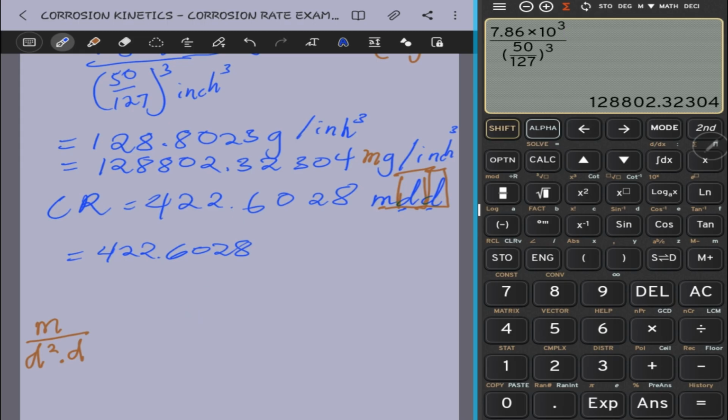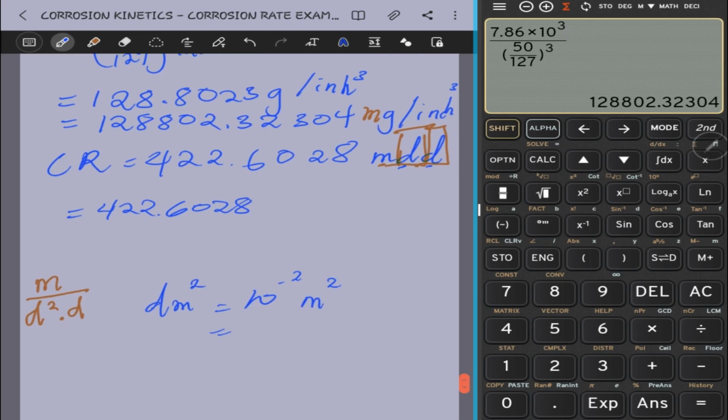So decimeter squared, decimeter is 10 to the power minus 2, right? Meter squared. So that will be the same as, if we want to change to centimeter, that will be 10 to the power 2 centimeters squared.